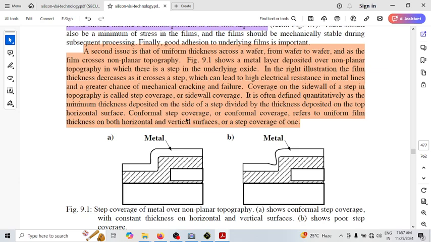So how do we define this? Step coverage is defined quantitatively as the minimum sidewall thickness divided by the top surface thickness.